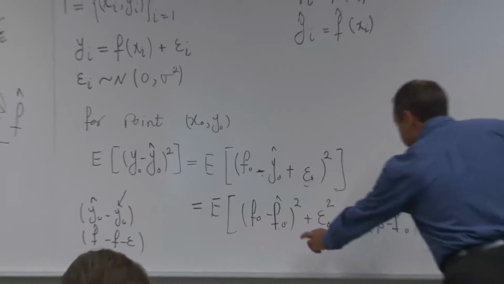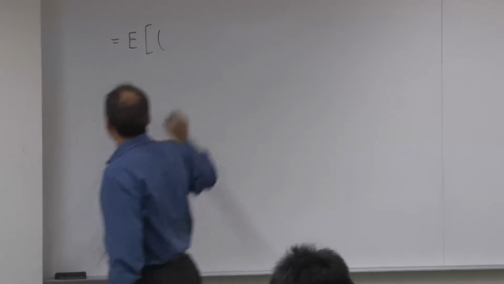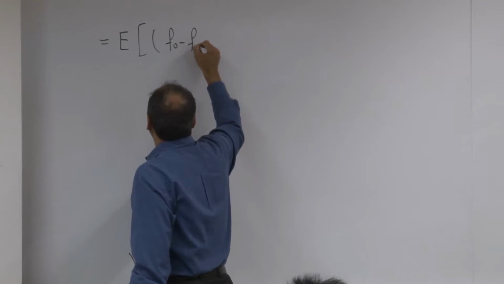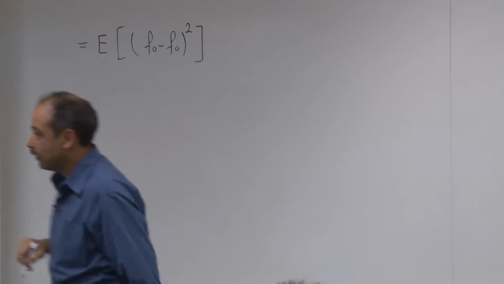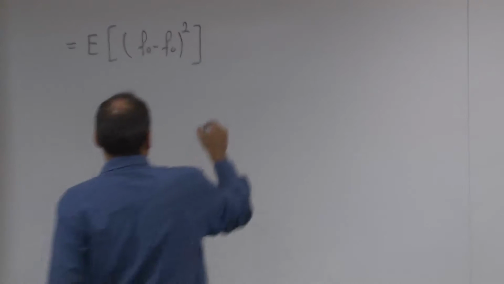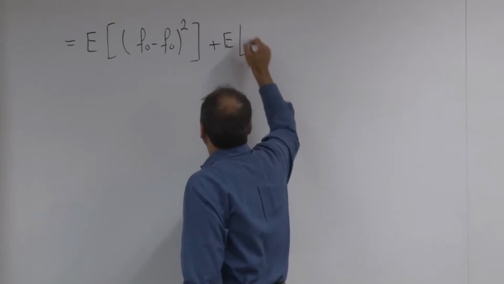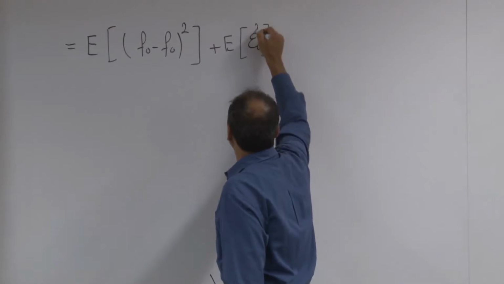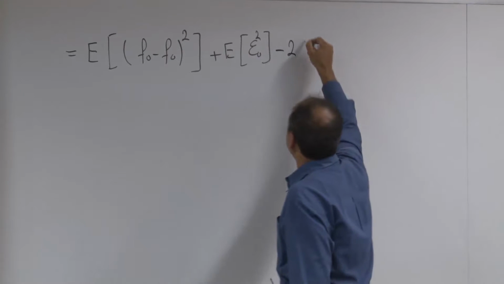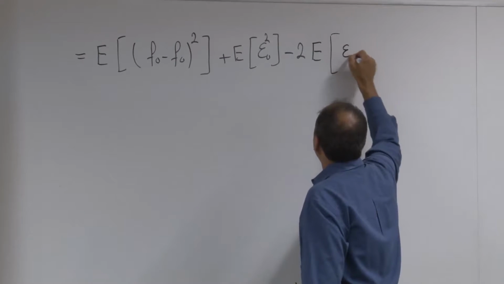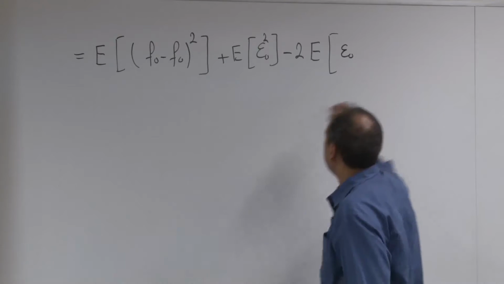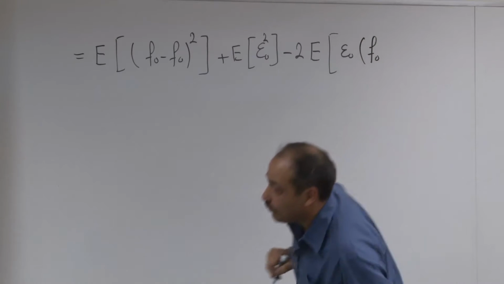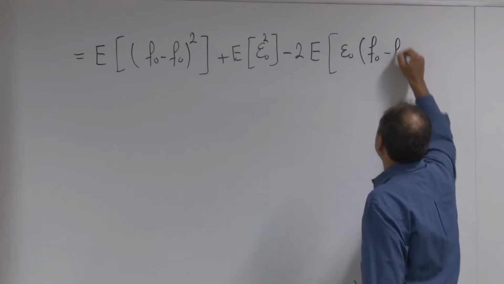So we have this expectation. It basically has three terms. It's the expectation of f minus f hat squared, the expectation of epsilon squared, minus 2 times the expectation of epsilon times f minus f hat.